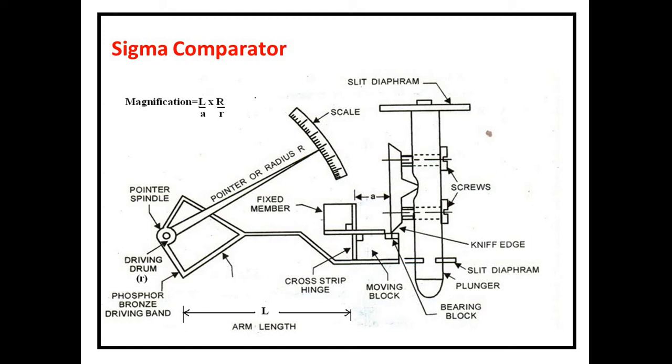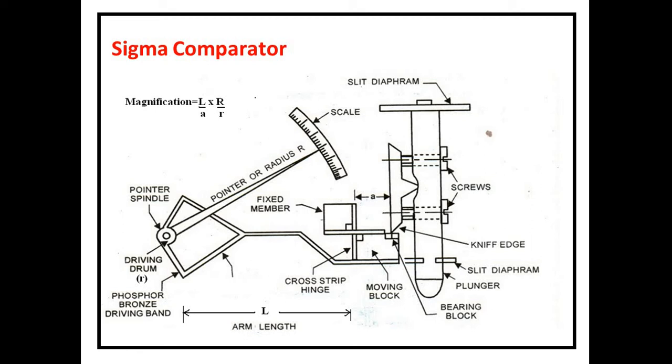This hinge has two members. One is called a fixed member and another is a moving block or moving member. The fixed member and moving member are both attached to each other by a thin flexible strip. So there is a thin flexible strip between the fixed member and moving member of the cross strip hinge. Together these two blocks form a cross strip hinge.